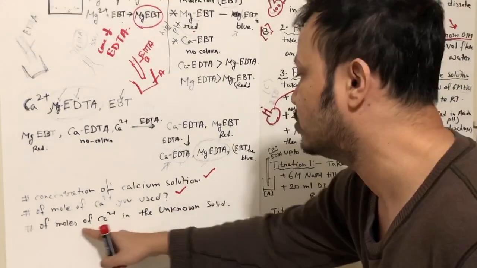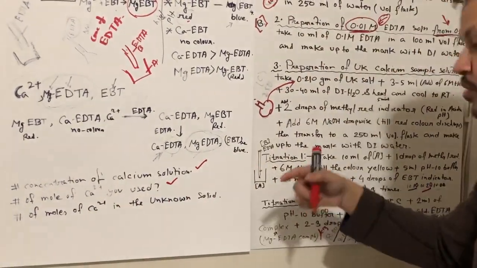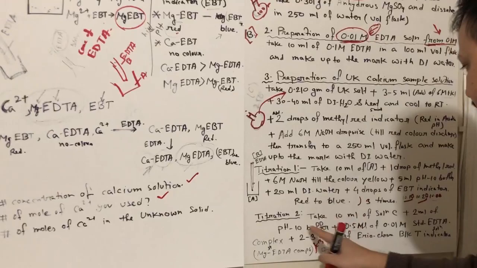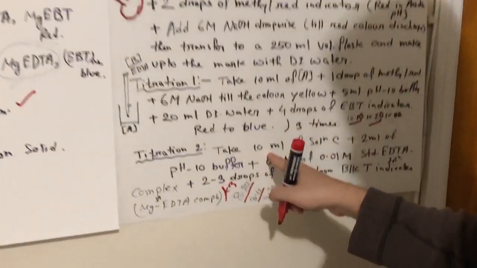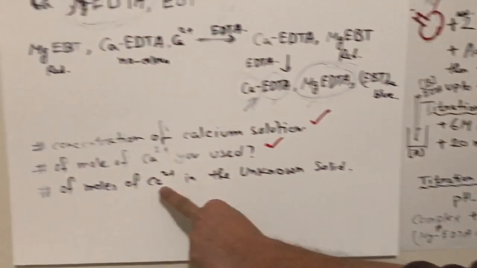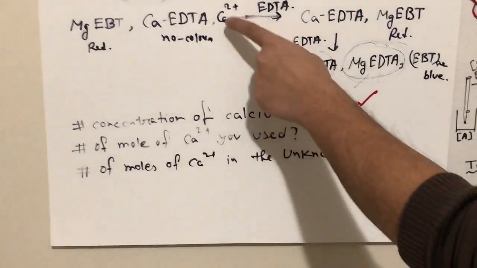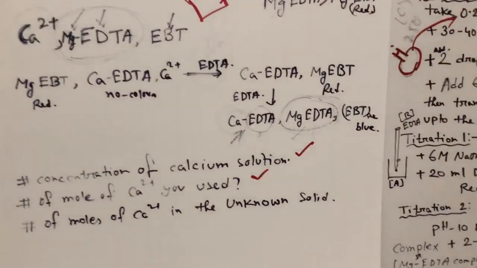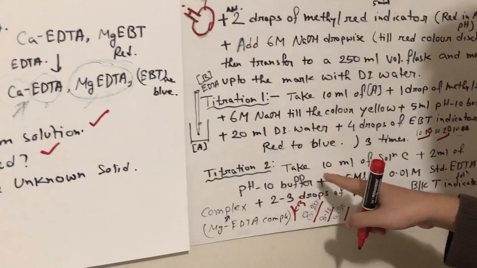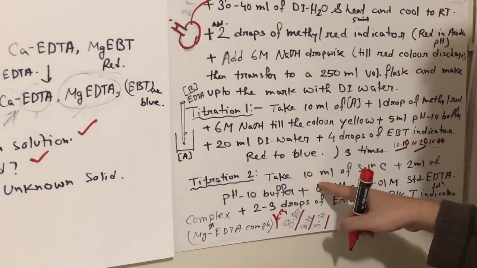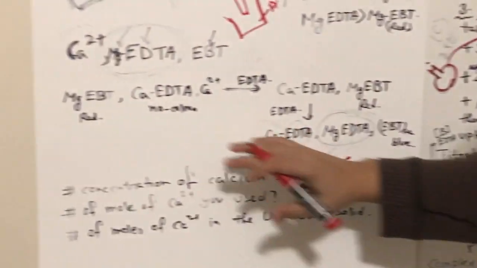The number of moles of calcium you used is equivalent to the number of moles of calcium for the 10 ml.